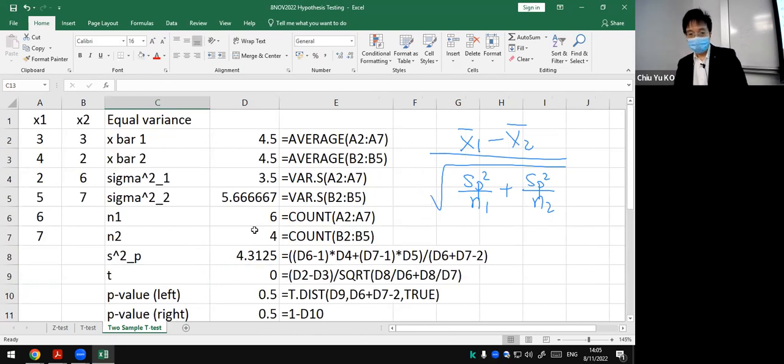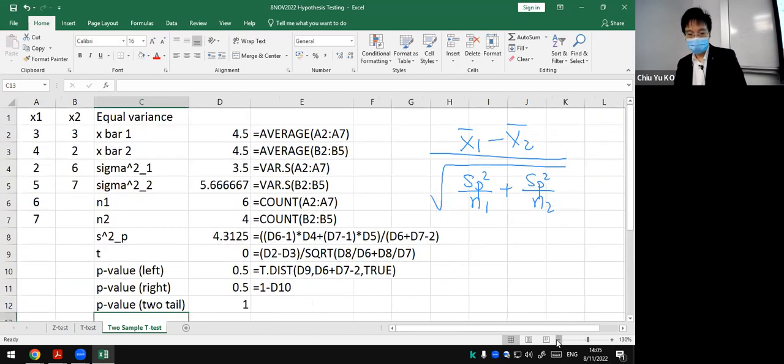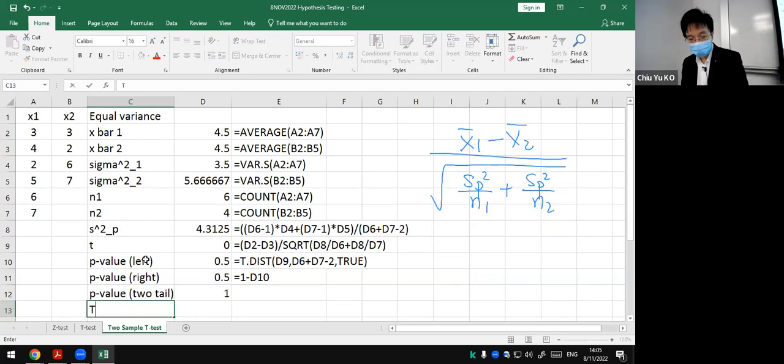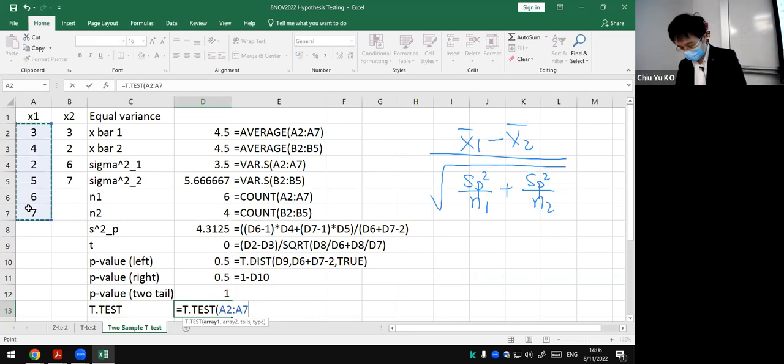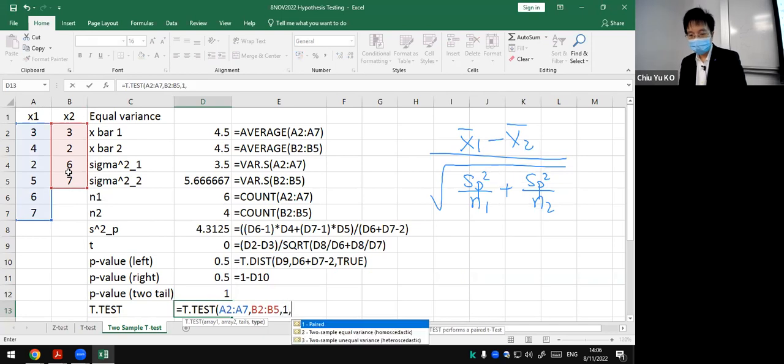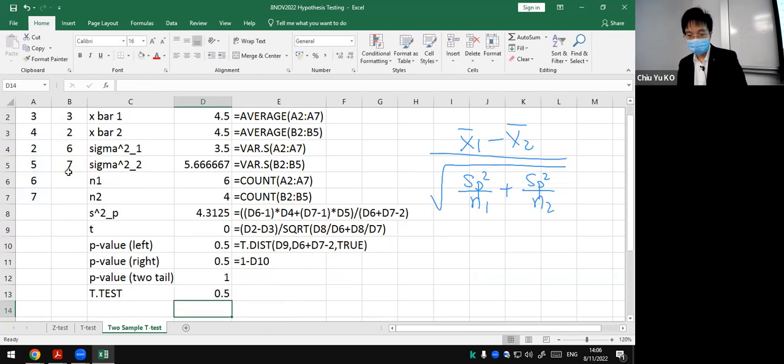Luckily for this one, okay, you can use what we call T.TEST. Okay, you put the first data set, second data set, you can do the right tail, you can say we are doing the equal variance, okay?